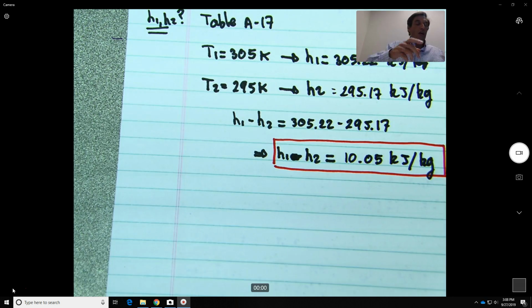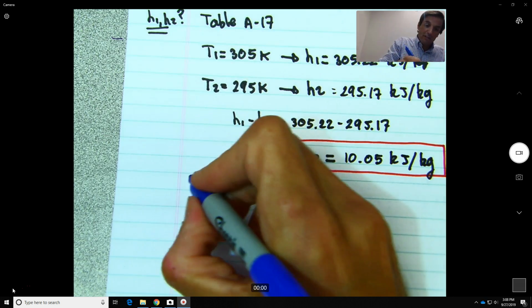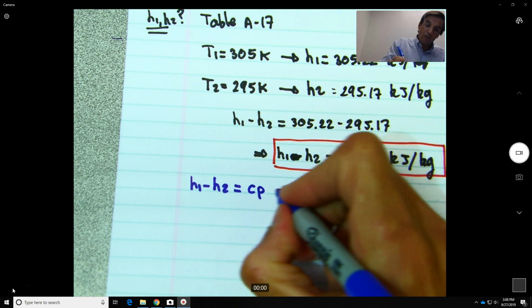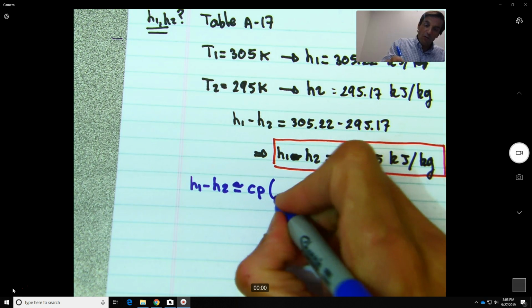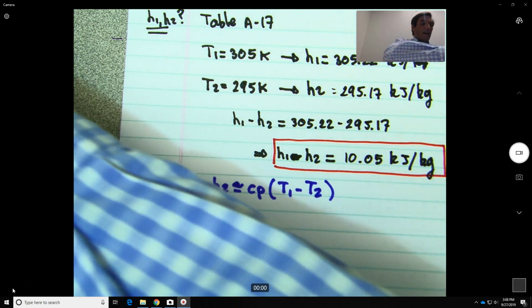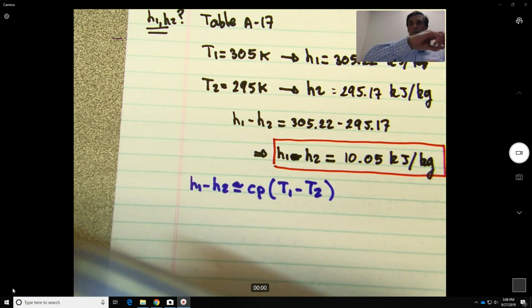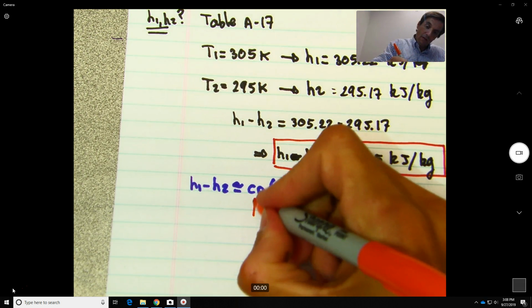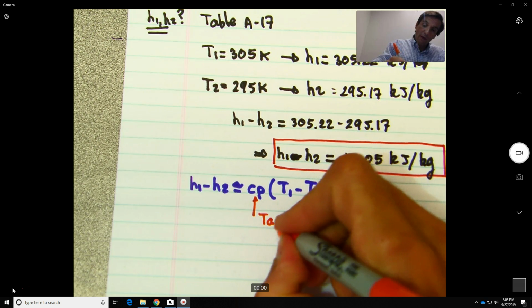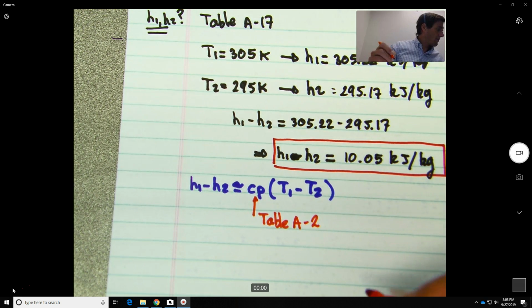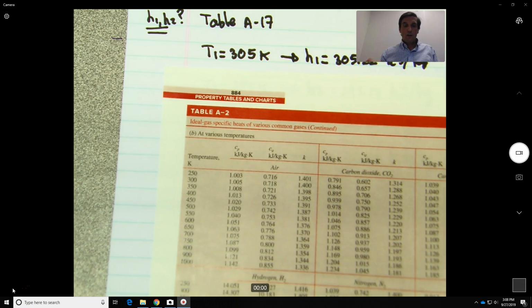Okay, but we could have done as well. Remember, we said that H1 minus H2 should be equal to Cp, or more or less equal to T1 minus T2. So where can we find Cp? So Cp will come from table A2, which is over here.